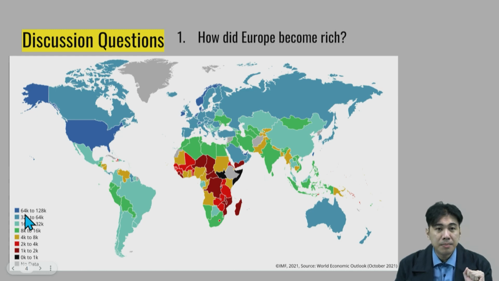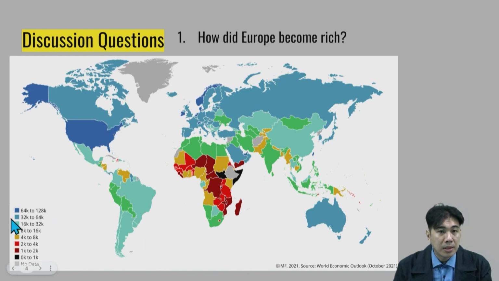I think this is PPP, purchasing power parity, so how powerful the money is. Dark blue is between 64,000 USD and 120,000 USD. Rich people are from the United States, and this is Norway and Ireland. Notice how this map is from 2021, so it's very recent.